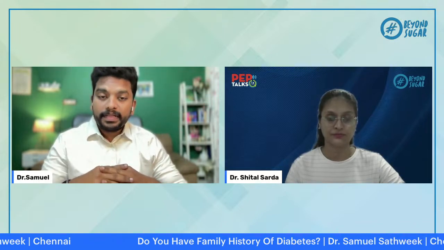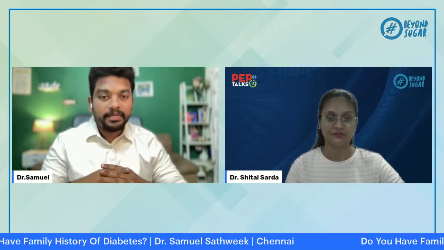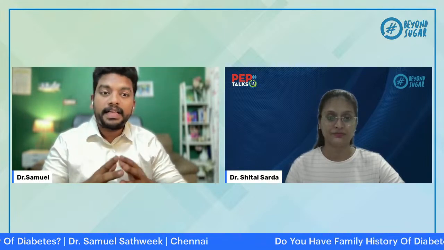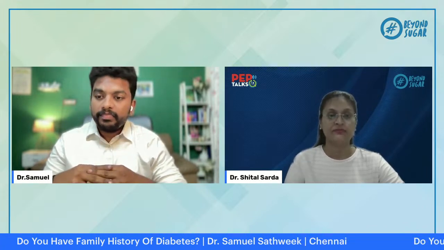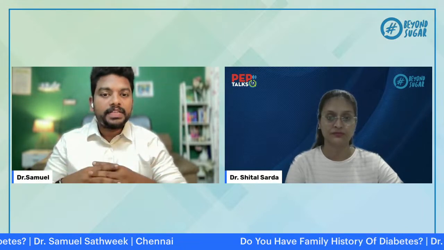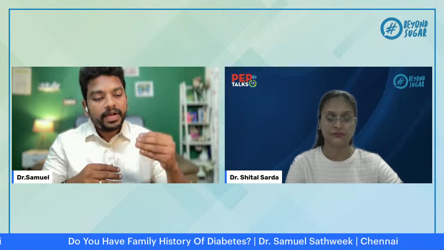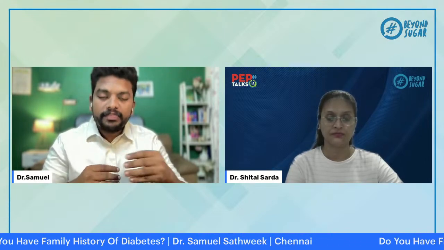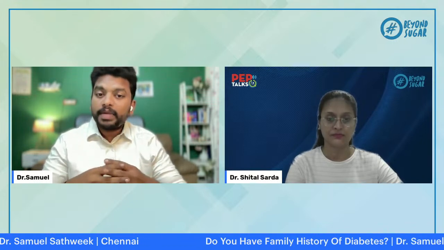Some of my patients say that my father doesn't have diabetes, my mother doesn't have diabetes, and they assume that they don't have a family history, but it's wrong. If you look at how three-generational history works, there are specific types of diabetes where you can find a positive family history across three generations, and if you have got diabetes at a young age, you might be having something called monogenic diabetes.